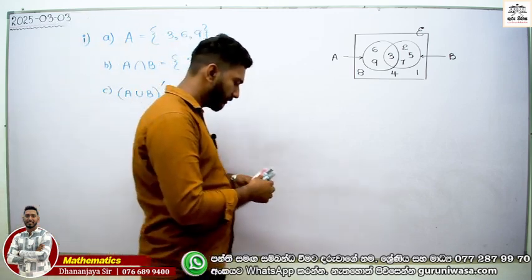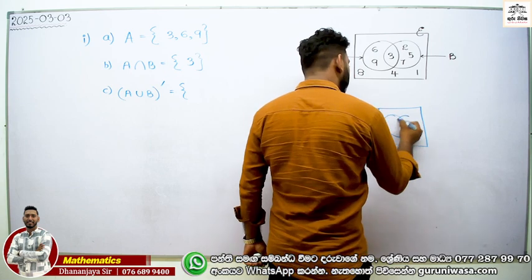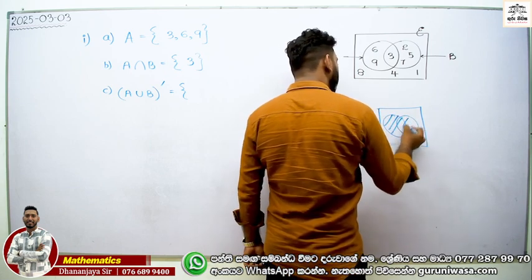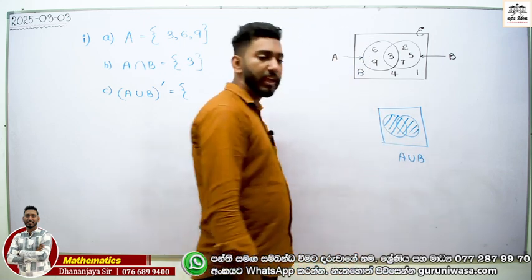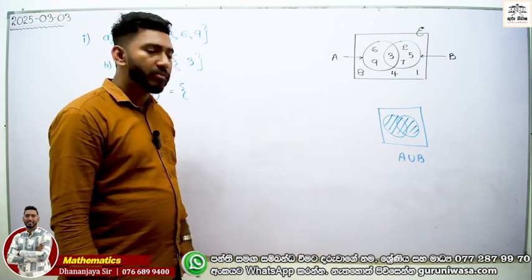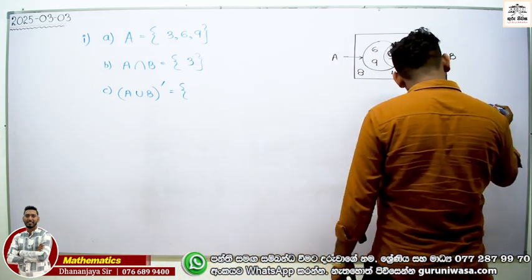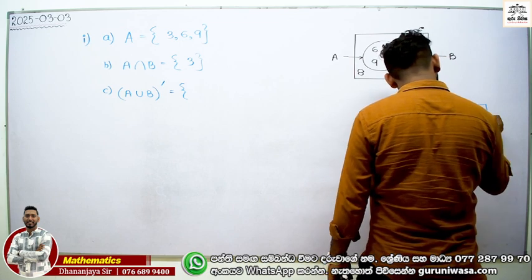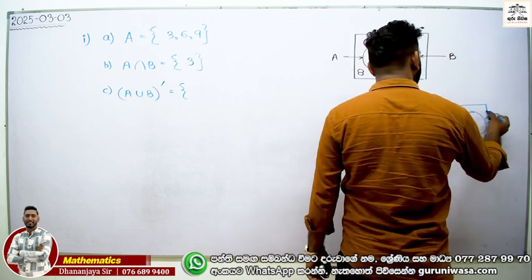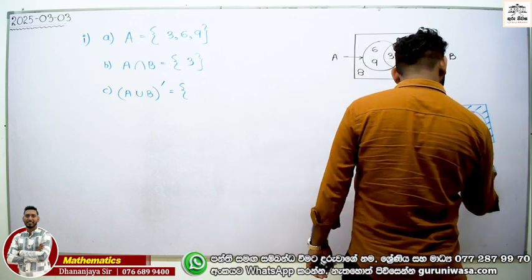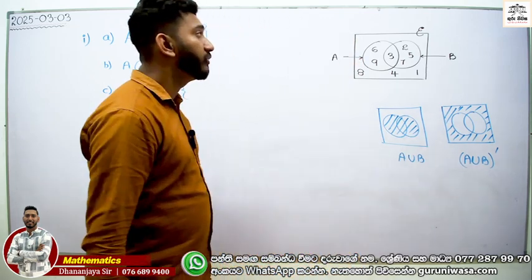But this is the complement of A union B. Look at this figure. Here is A, here is B, and this is A union B. The area of A union B is here. Then what to do? A union B dash. Therefore, the complement of A union B is outside of the two circles.